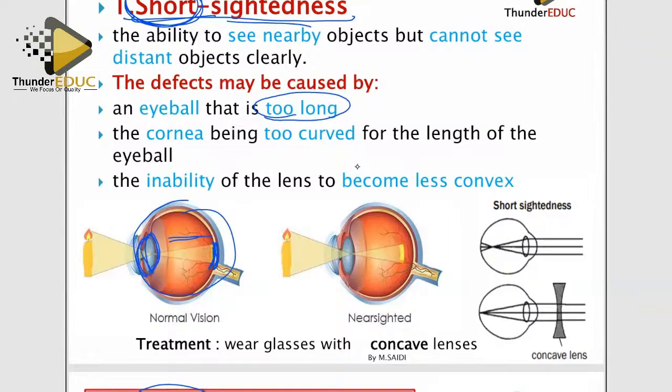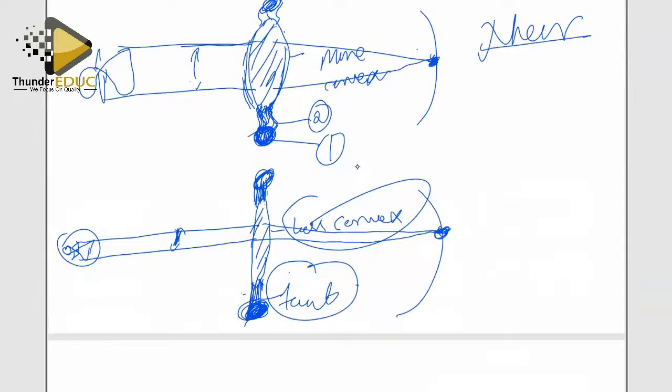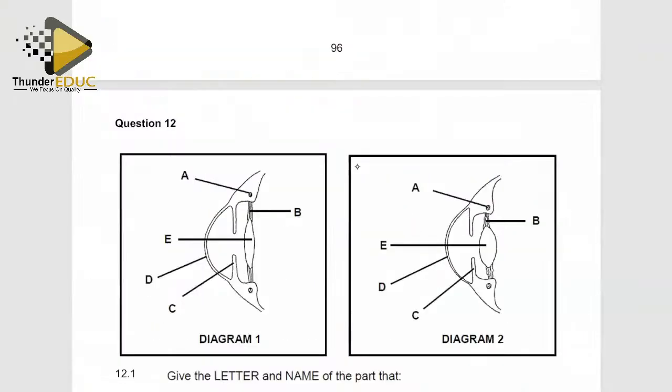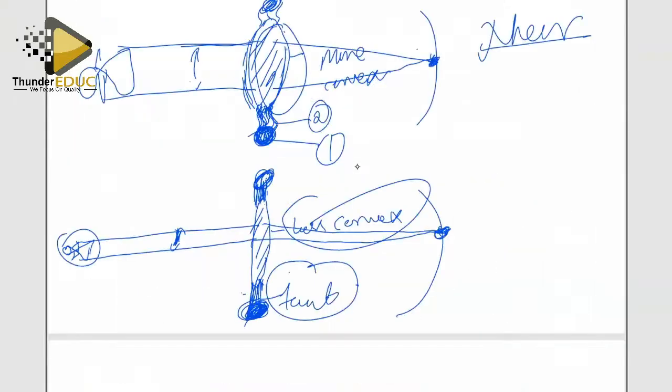It is thick. Listen, and I will show you how the eyeball being too long, what does it mean, where does it come from. Because you are seeing an object which is near, the lens is thick enough. You can't see the object which is far now. Guess what? This lens cannot just become a smaller size. It cannot change from thick to small.